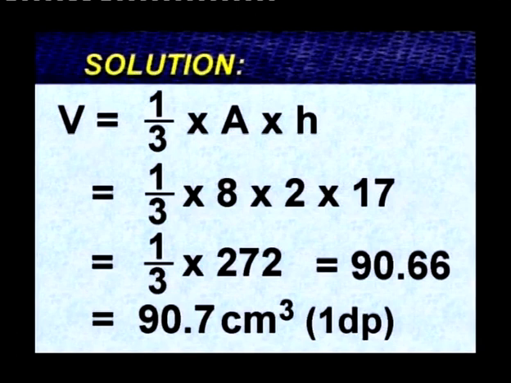And my answer after dividing 272 by 3 is 90.66. And you were to round it off to, not the whole number, sorry, to 1 decimal place. I have 90.7 cubic centimeters.